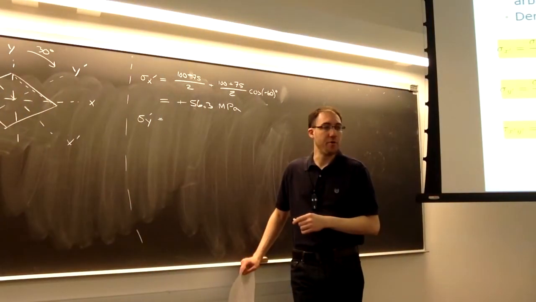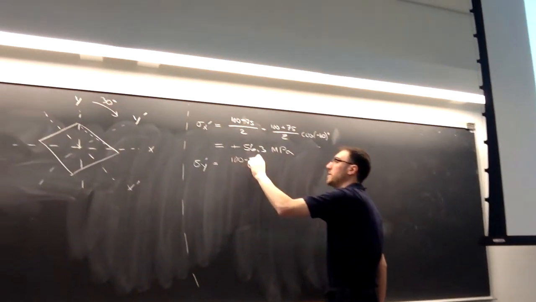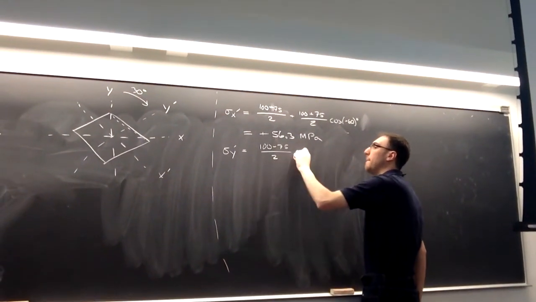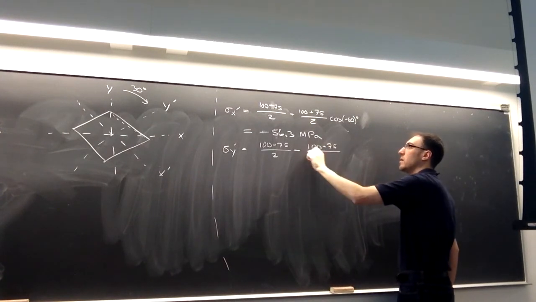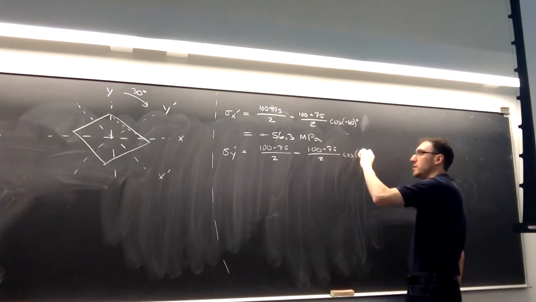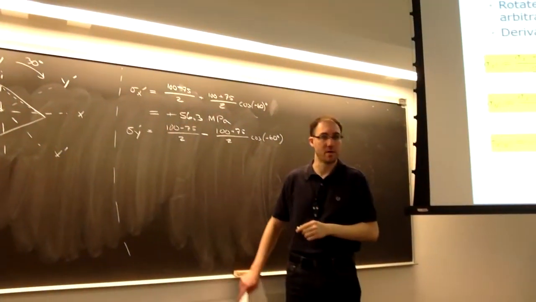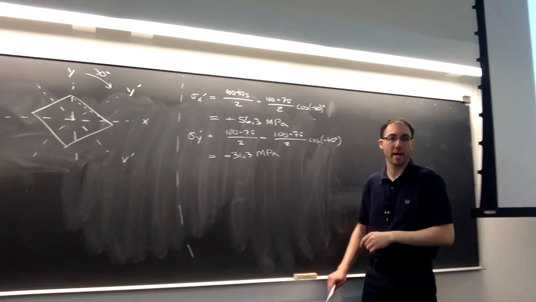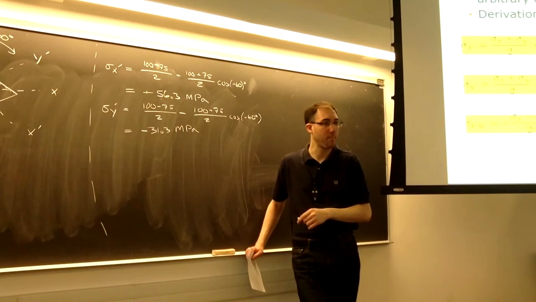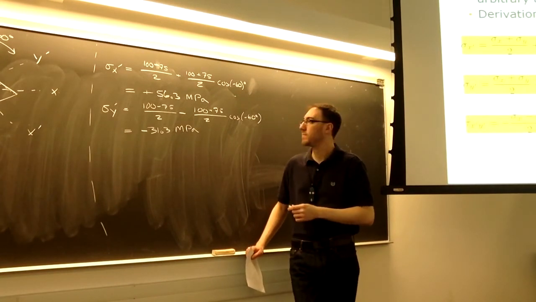Right, the normal stress on the new y prime face will be the same, 100 minus 75 over 2, minus 100 plus 75 over 2 cosine negative 60 degrees. Again, tau xy is still 0. So the new stress is negative 31.3 megapascals. So this will still be compressive on the new y face at this orientation.